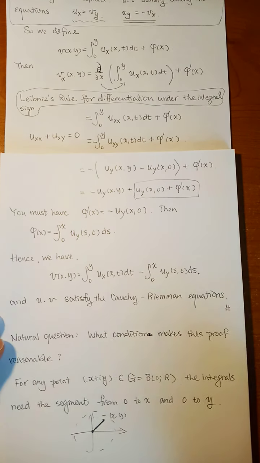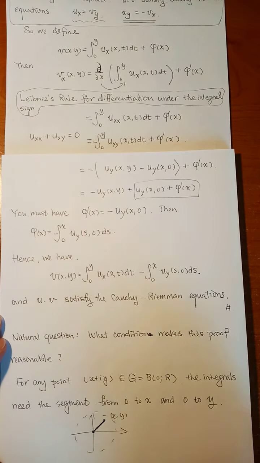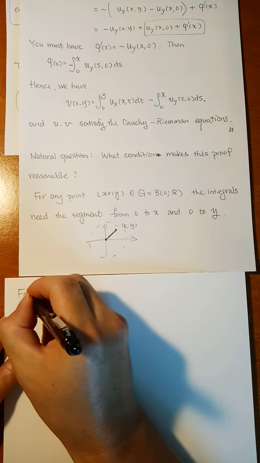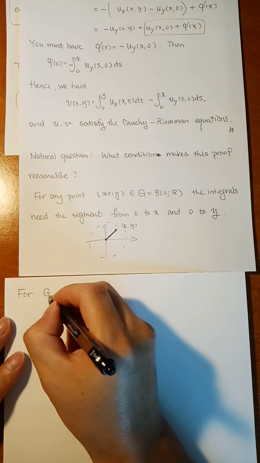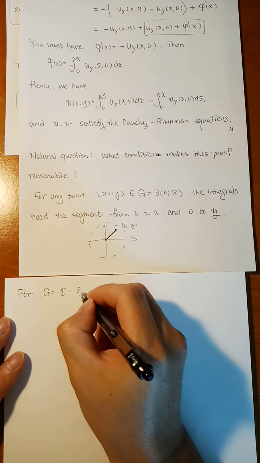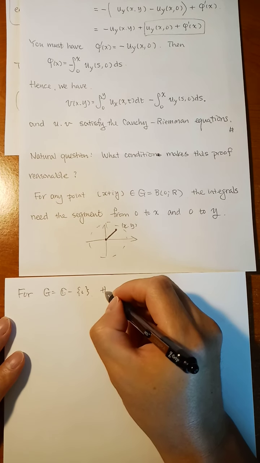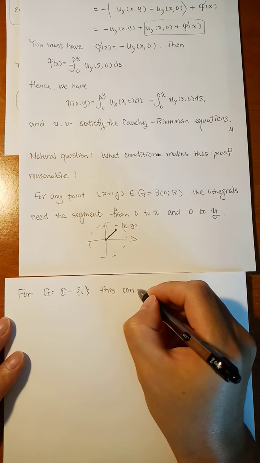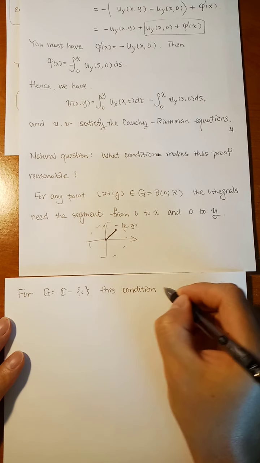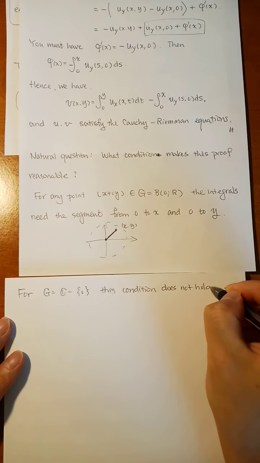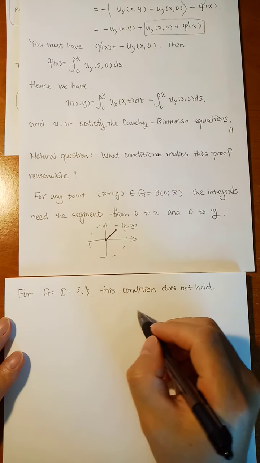Well, so that's the geometric property. But for G equal to C without 0, this condition does not hold, right? You can always find a point.